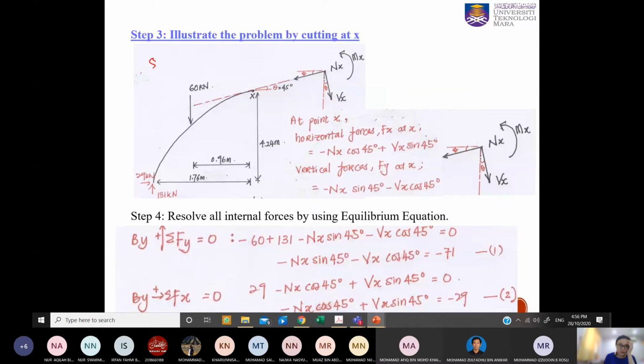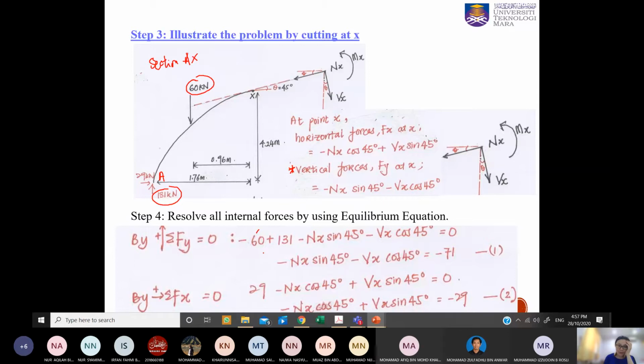Okay, so this is section AX. So A is here. Now considering this section AX, taking summation Fy equal to 0, I will have this 60 kilonewton, I will have this 130 kilonewton, and then I will have this vertical force acting on this X. So now I'm putting all these forces into it.